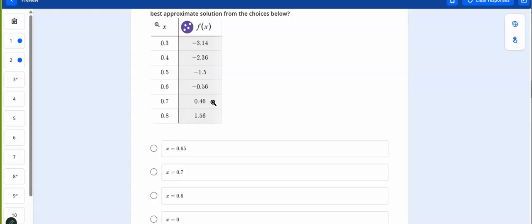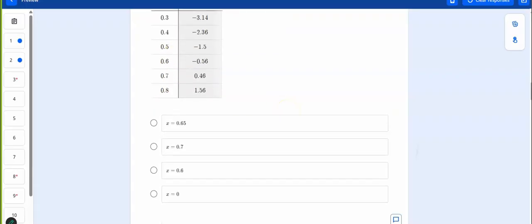So doesn't it have to be in between these? Yeah. So the answer has to be between 0.6 and 0.7. Which answer is between 0.6 and 0.7? 0.65. Yes. That's what I'm doing. I see when it changes from negative to positive, and then I go over here and go, oh, it has to be between these two.